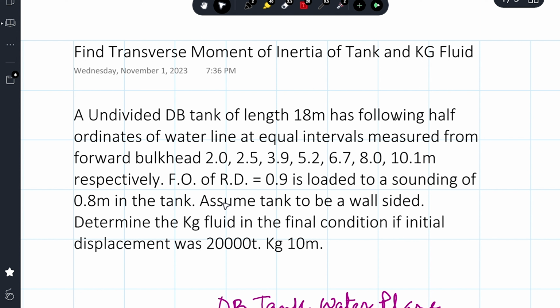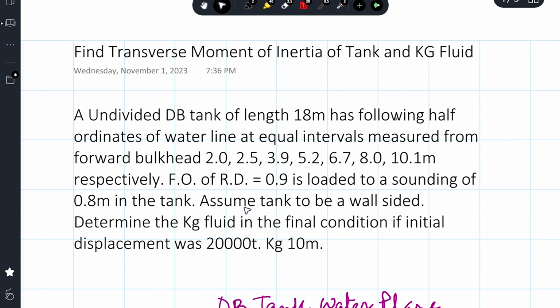Here, a very important assumption is to be made, that is given here: assume the tank to be wall-sided. That's a very important assumption because it allows us to assume that the sides of the tank are parallel and the liquid surface area of the tank is constant over the depth.